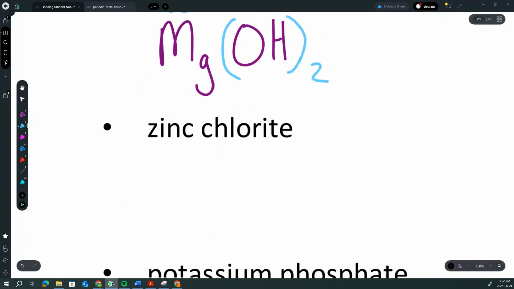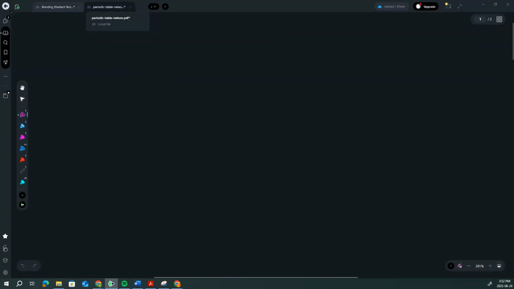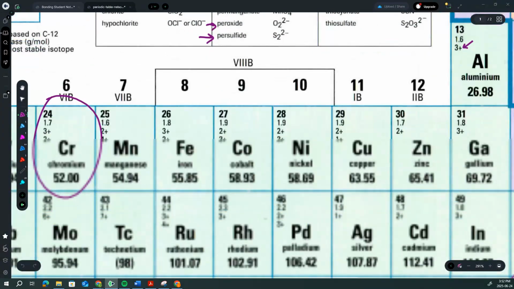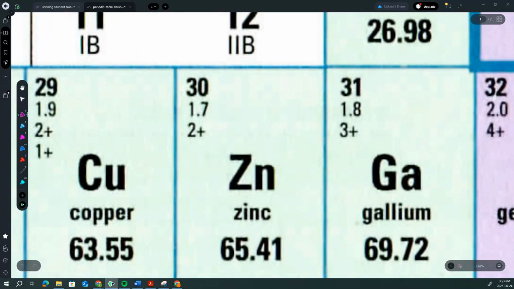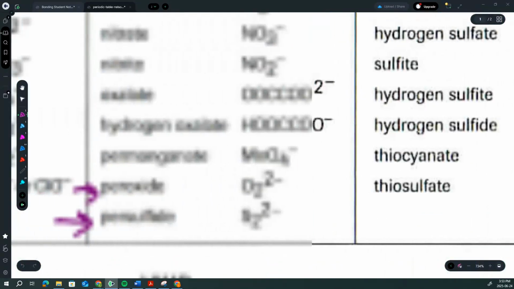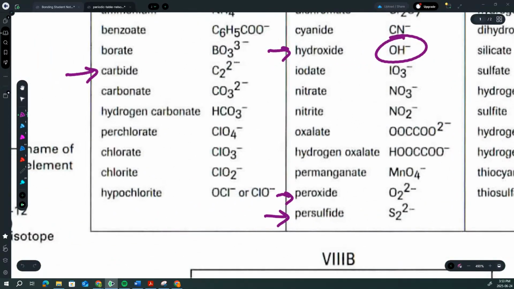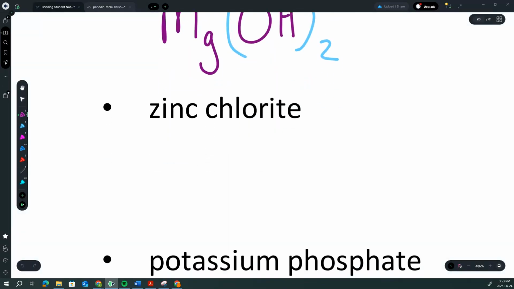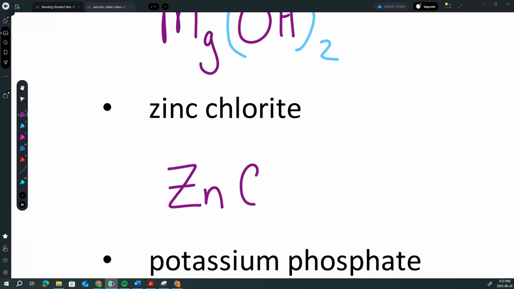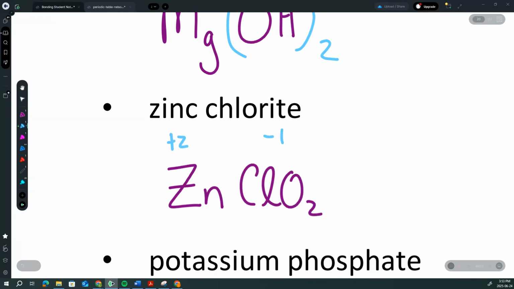With zinc chloride, so the symbol for zinc, if we look here, zinc's going to be Zn, and then chlorite is going to be ClO2 1 minus. So zinc likes to have a positive 2 charge.